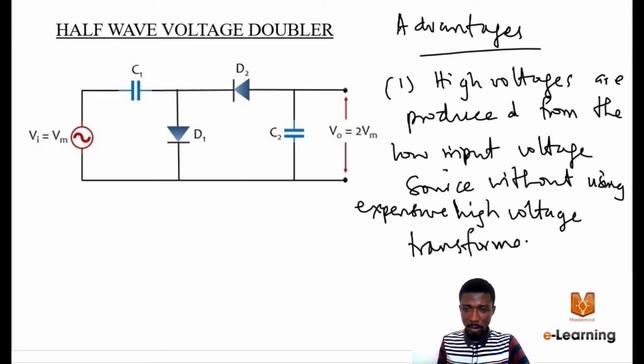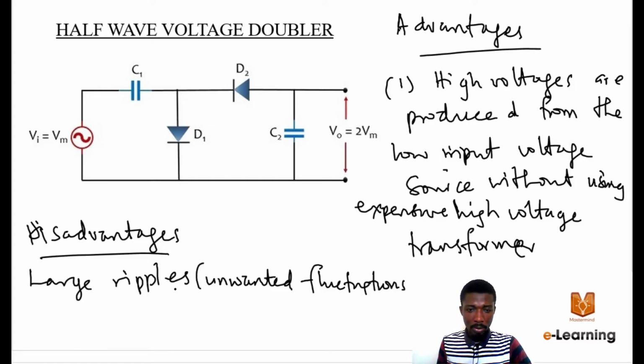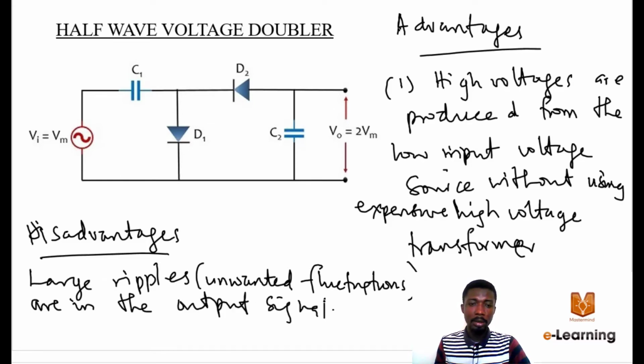So I can get my high voltage without having to go for an expensive transformer. Now the disadvantages: large ripples, as unwanted fluctuations are in the output signal. So once again, ripples are present in the output signal.